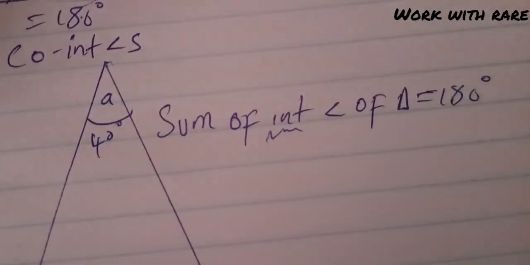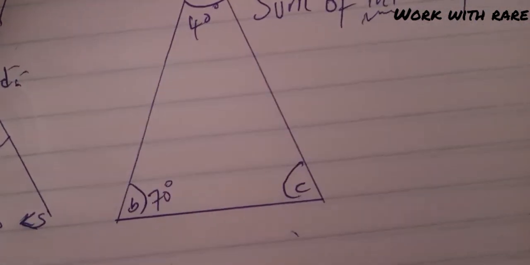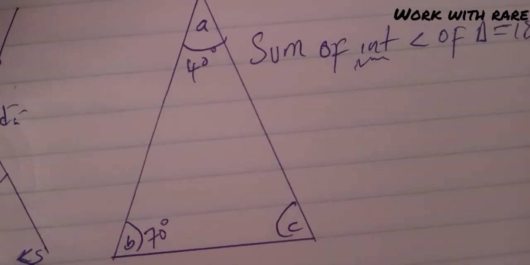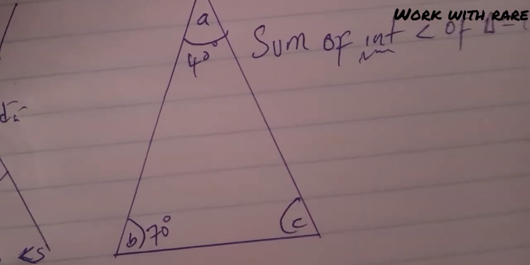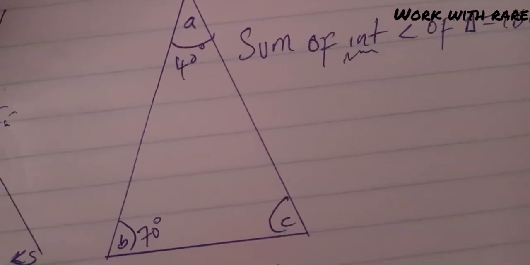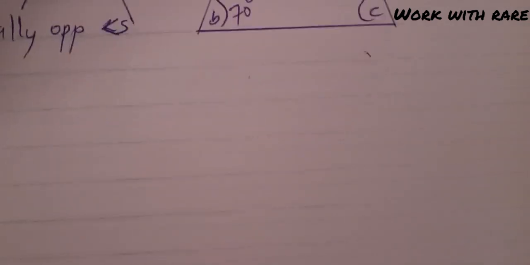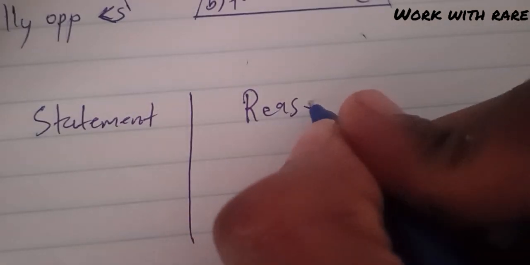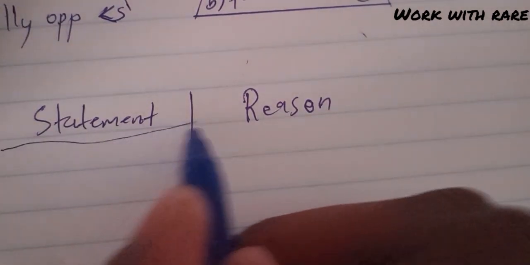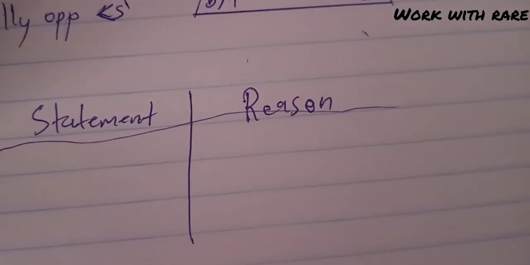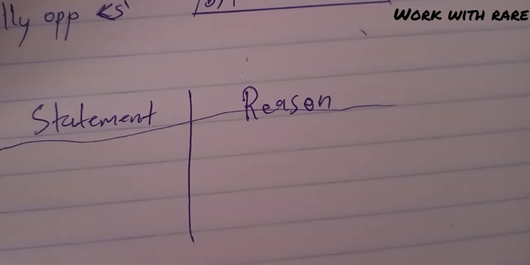Remember, interior means inside. So if this one is 70 and this one is 40, when we add them, they will give us 110, and 180 minus 110 is 70 degrees. Yes, it's 70 degrees. But remember, for geometry you will always have to tabulate, so your statement goes hand in hand with your reason.